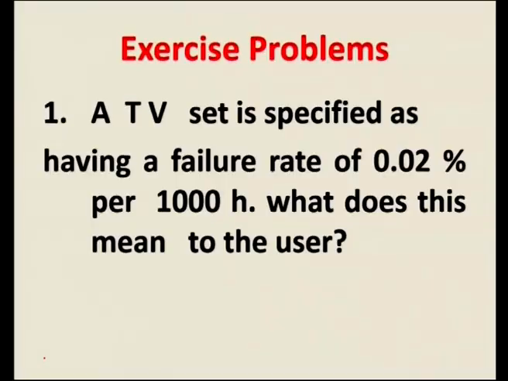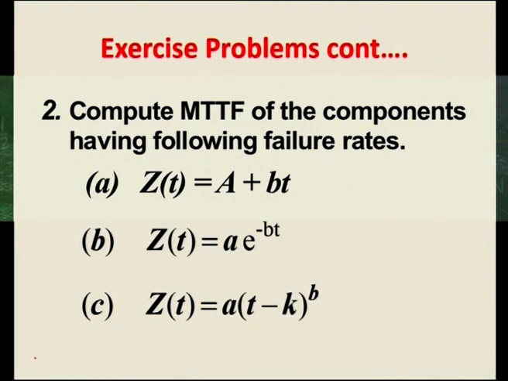I have 2 exercise problems for you. A TV set is specified as having a failure rate of 0.02% per 1000 hours. What does this mean to the user? Next one, compute the mean time to failure of the components having the following failure rates, namely z of t equal to a plus bt.